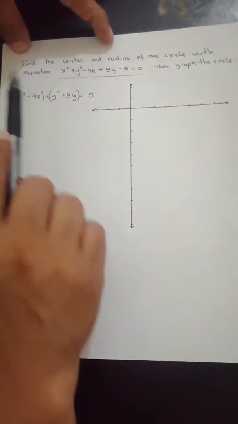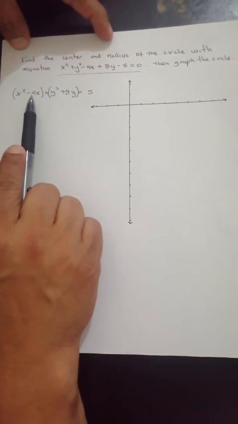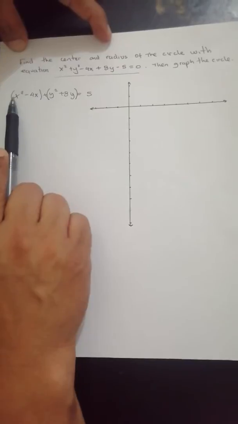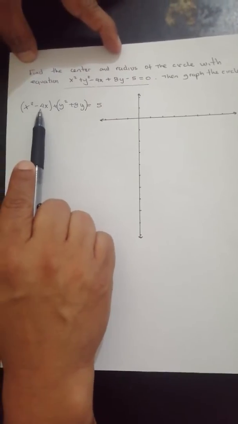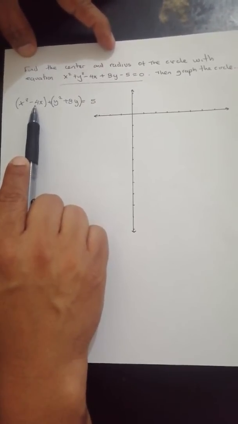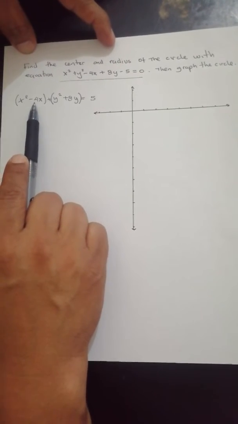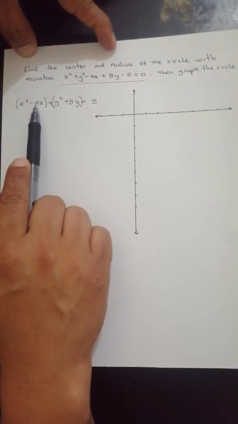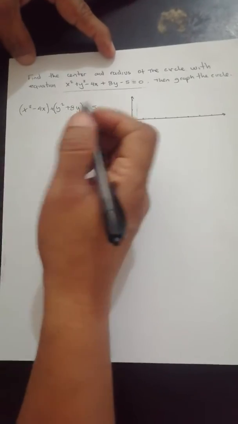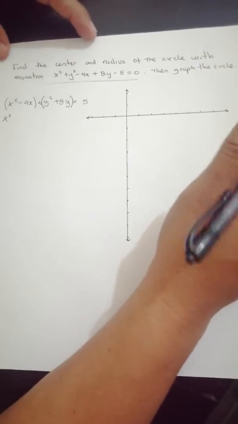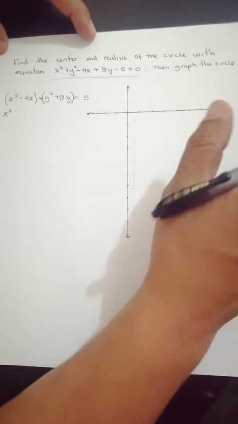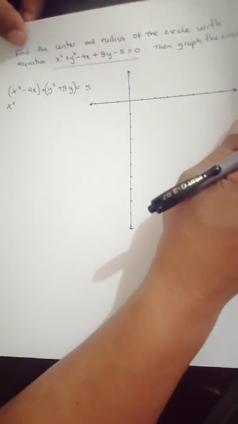You have to remember that when completing the square here, you have to find first, the coefficient of x squared is 1. Then the linear value is divided by 2 and squared. So the half of 4 is 2. And if you raise it to the second power, going back to this exercise, I'm sorry, there was an interruption here.